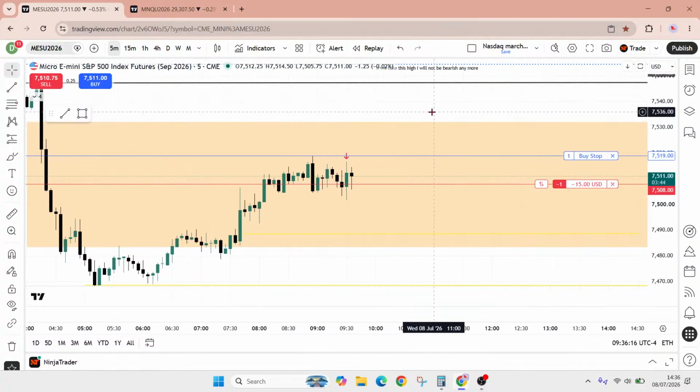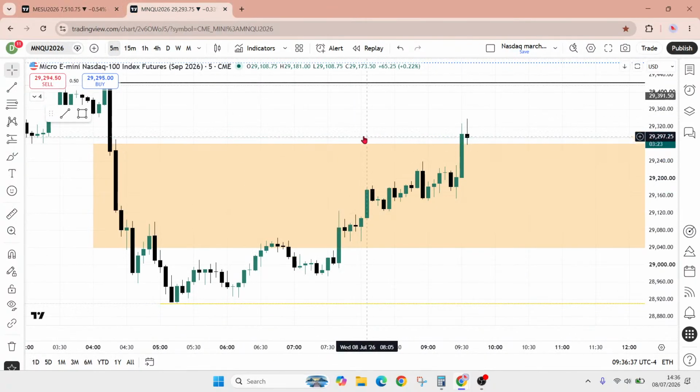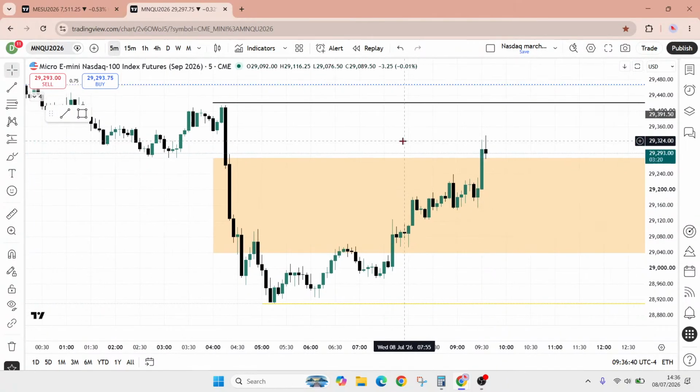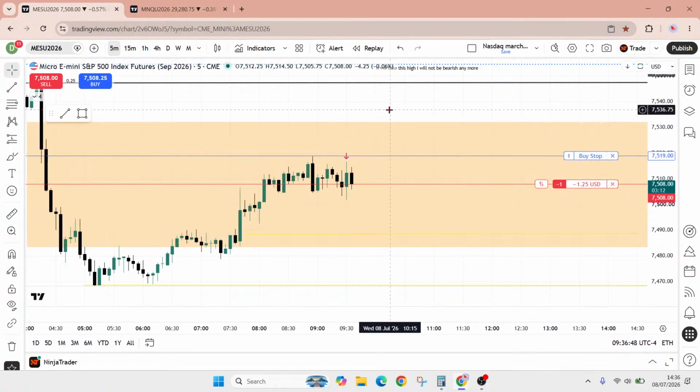Well, ES is holding there. NQ is going straight up. Kind of break even. I don't hate it. It's just I don't like what NQ is doing.